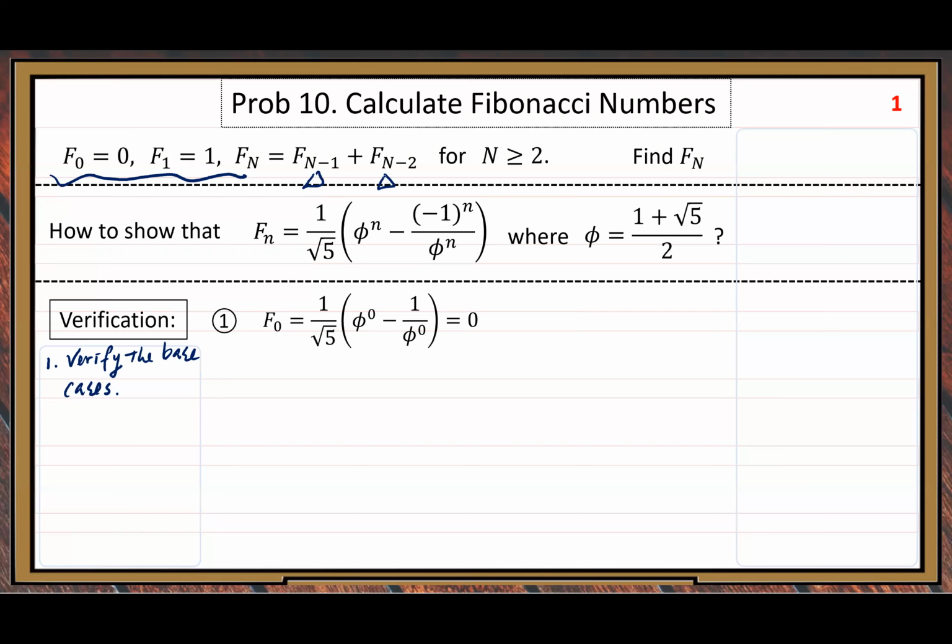On the right hand side, there are two terms with consecutive subscripts, two lower terms. That tells us we need to verify at least two base cases. That's the first step.